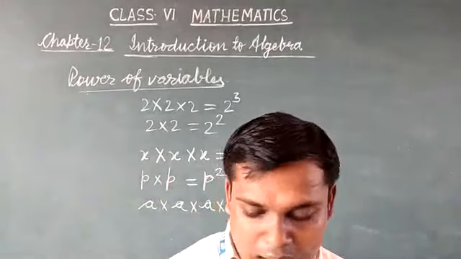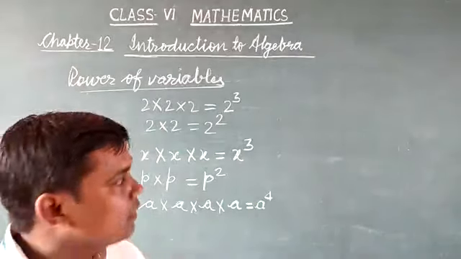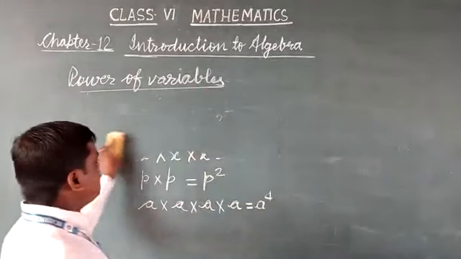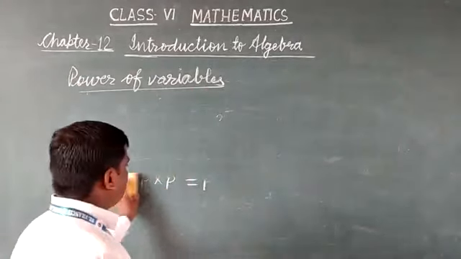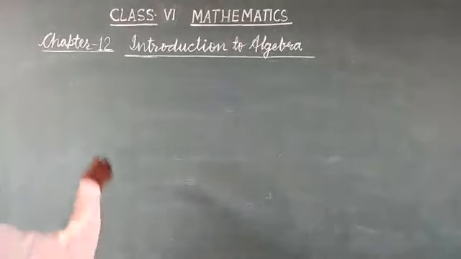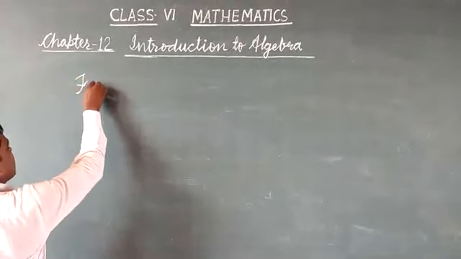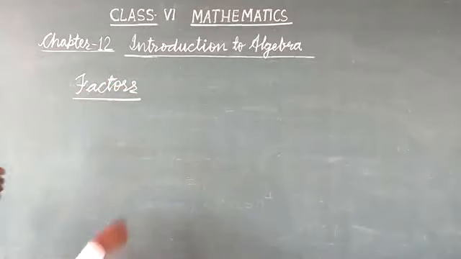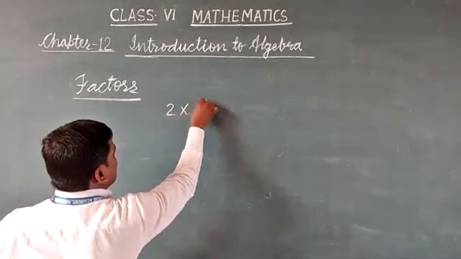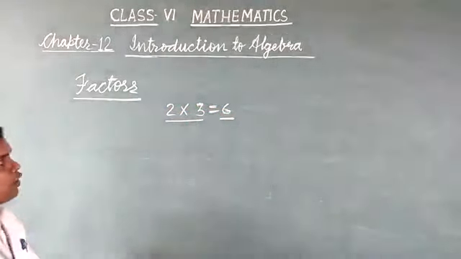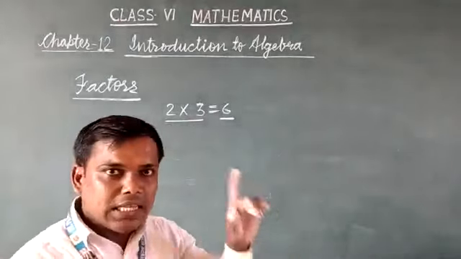Now, factors. The last topic. Today I am going to discuss factors with you. Try to understand this. Related to this, you have questions in exercise 12.1. Factors. You have learned in case of numbers, 2 into 3 is equal to 6. 6 is a multiple of 2 and 3, and 2 and 3 are factors of 6.